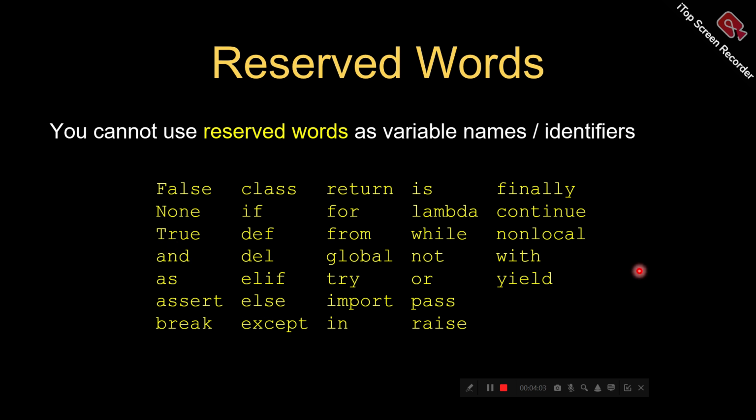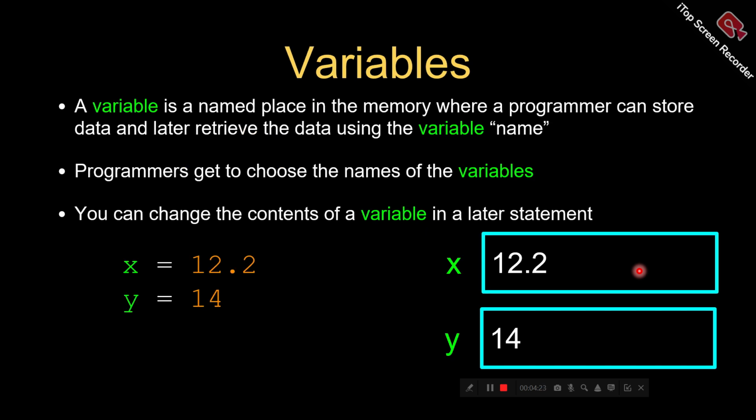Other than that, there are many words which are already reserved by Python, which we cannot use as the name of our variable or as identifiers. There is a larger set of words which cannot be used for naming our variables or as identifiers.